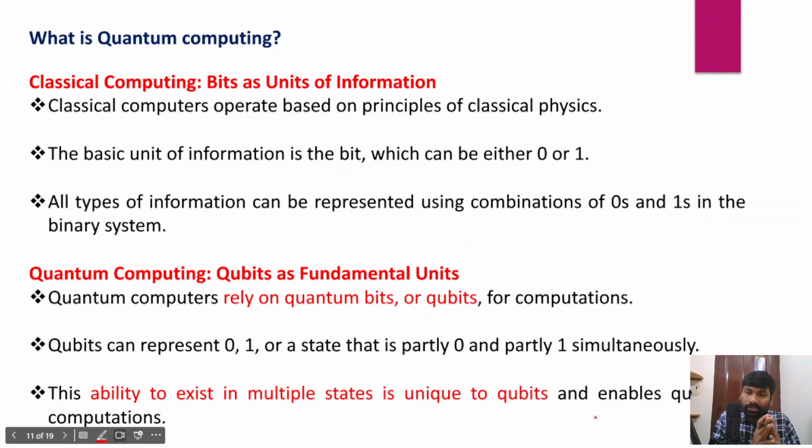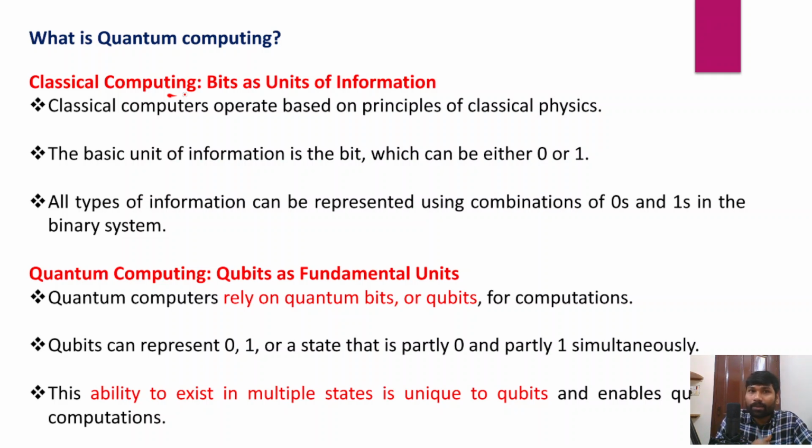Now we'll try to understand very briefly what quantum computing is. Okay, so what is the difference between classical computing and quantum computing? We'll try to understand this, right? This is very interesting and very important as well. We use a lot of classical computers, right?